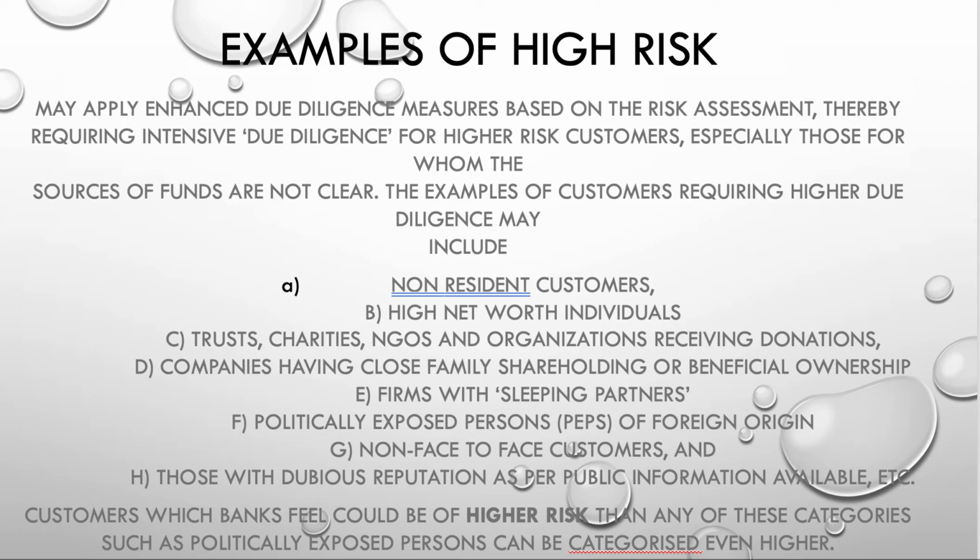I wrote here, this is when a customer feels like they're at a higher risk or the bank is at a higher risk. A good example is someone like Margaret Thatcher, or any kind of negative news coming through about an individual, could be people that they're hunting for in the news. It could be companies that have had so much negative news that they've had such a bad reputation.